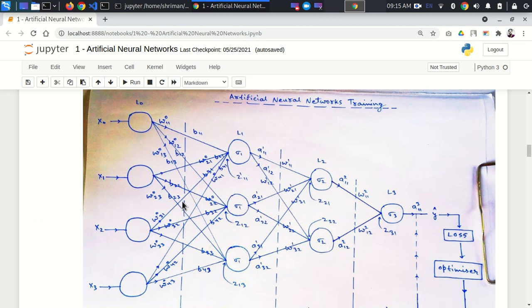This time, if this particular input is negative, or less than 0, in that case this neuron will not get fired. If this is positive, it will get fired. Again, if it is negative, it will not get fired. If it is positive, it will get fired.